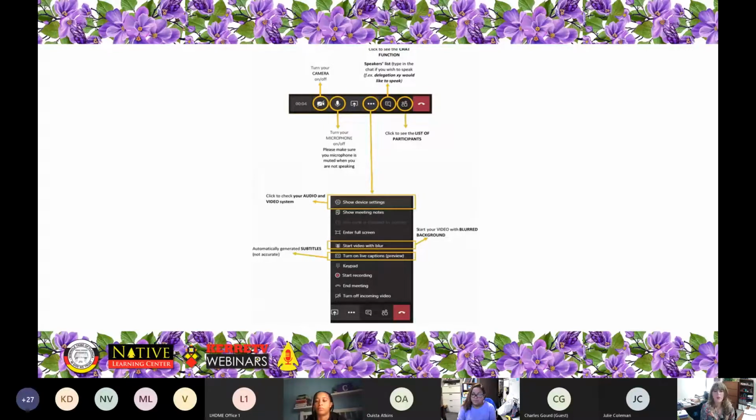I believe there's also the option to do a thumbs up and I think potentially raise your hand, a smiley face, a heart, and so on. Feel free to use those emoticons as well. And then there's also the ability to blur your background and turn on captions and all of those great things. Feel free to play around with them.